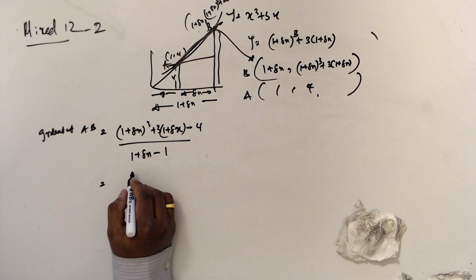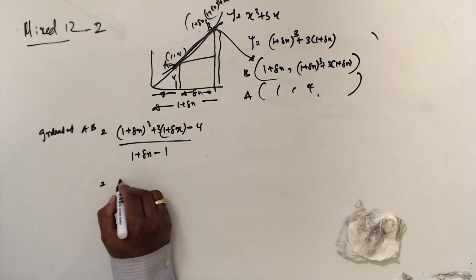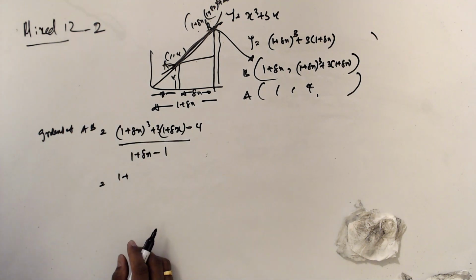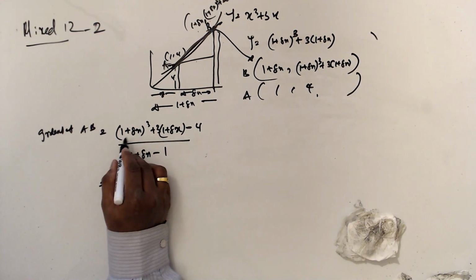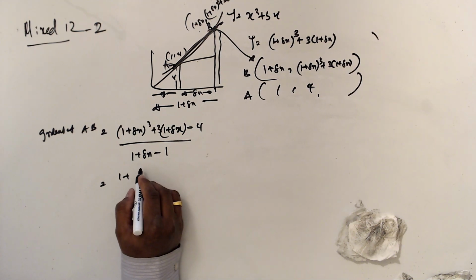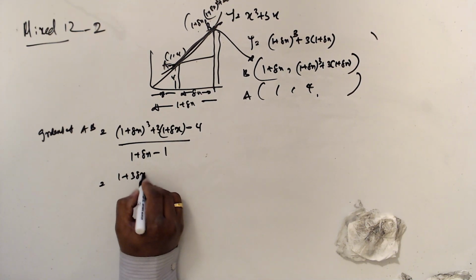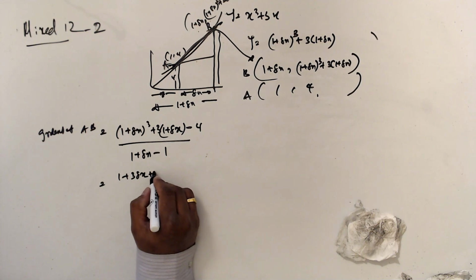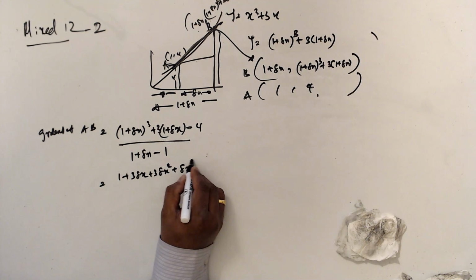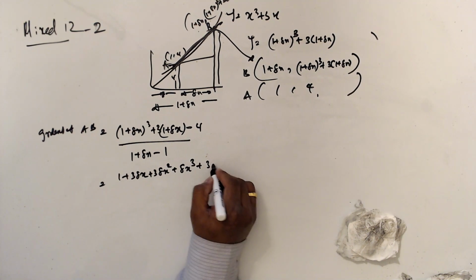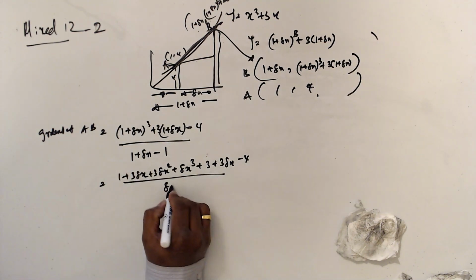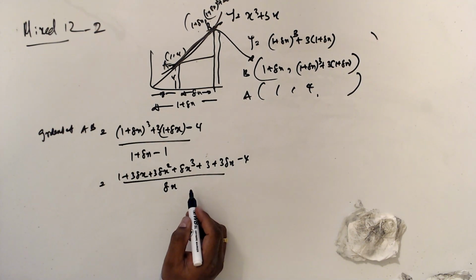We have to simplify this. Big calculation again, so we have to use binomial expansion: 1 plus 3 delta x plus 3 delta x squared plus delta x cubed plus 3 plus 3 delta x minus 4, over delta x.